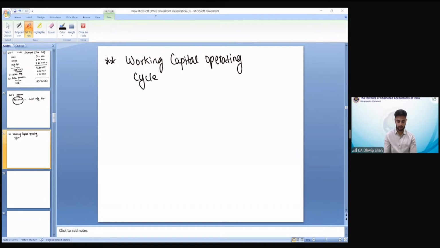Listen carefully, this is very important. If depreciation is given, then only it's a headache, otherwise there is no headache. So the next topic, working capital operating cycle. Have you heard of this term before? I guess in class 12 you had this topic. What is the meaning of this term? If you have heard this, then you should know what you mean by working capital operating cycle. Tell me. Try. You should try. Even if the answer is wrong, even if it is not correct, you should try.